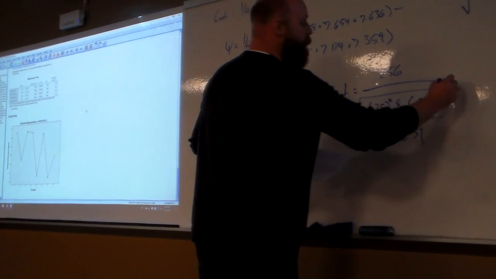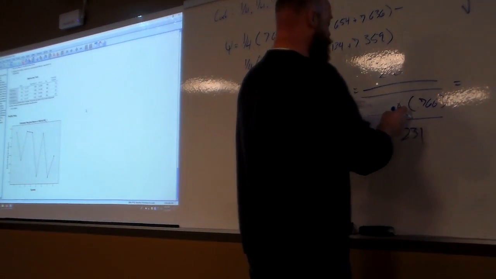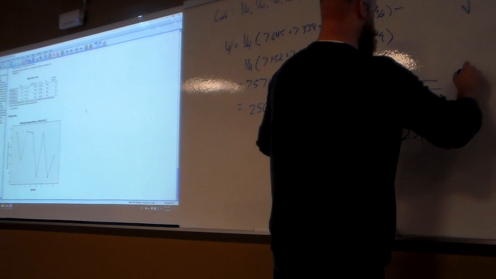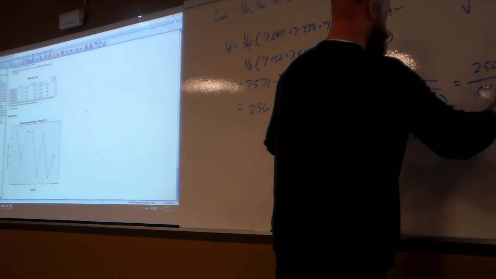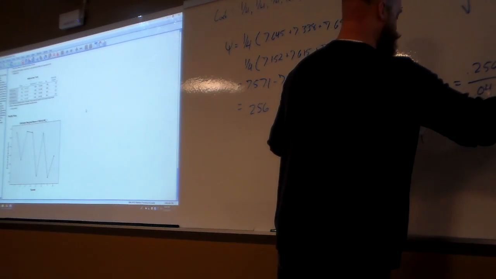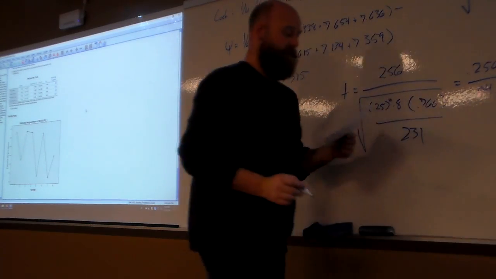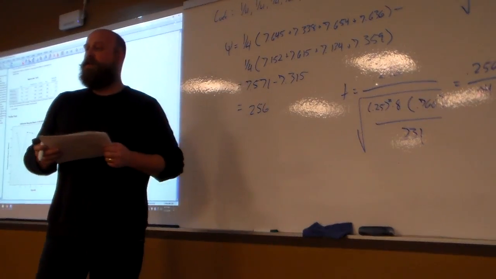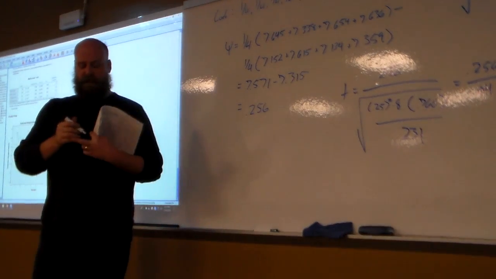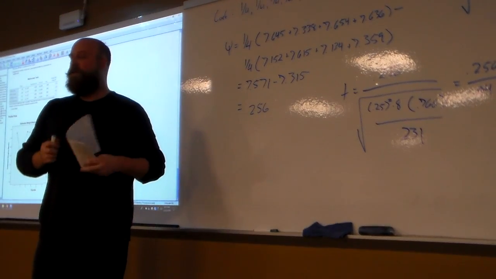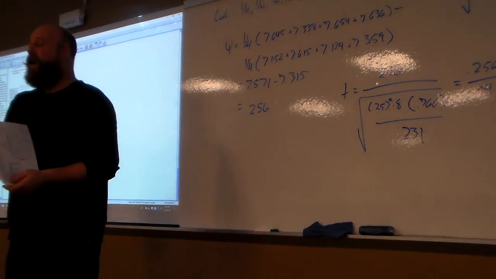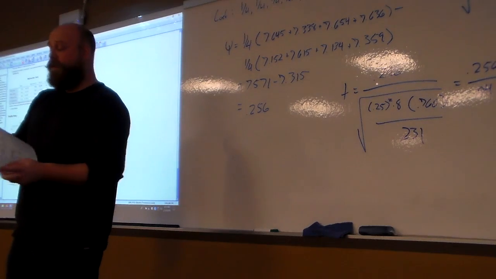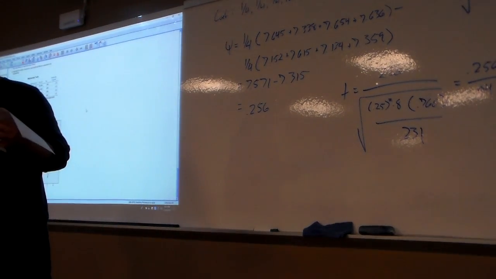So if we do this, we get a test statistic. 0.256 over 0.041 gives us a test statistic of 6.29. The 6.29 is going to be statistically significant. Yeah, it's going to be highly significant, right?